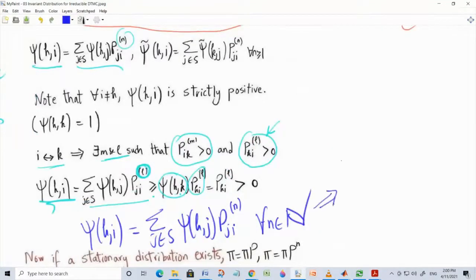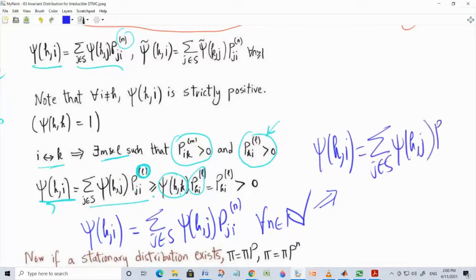Now we will basically say that psi of k and i is summation over j in S of psi kj. We will choose n to be equal to L. L satisfies, it's not any L, it's not any natural number. You choose the natural number that satisfies that b_ki of L is strictly positive.